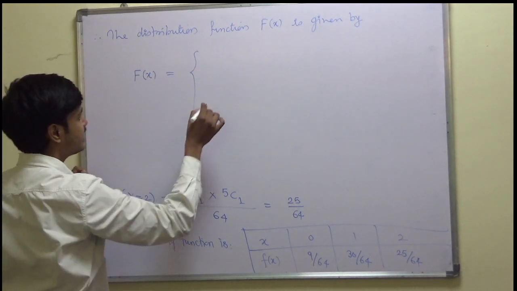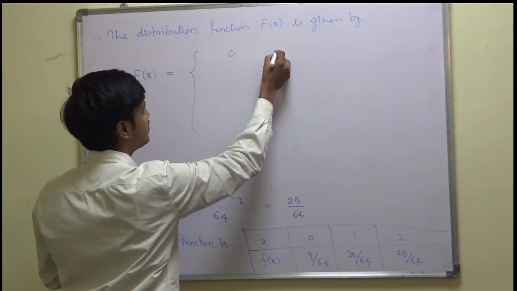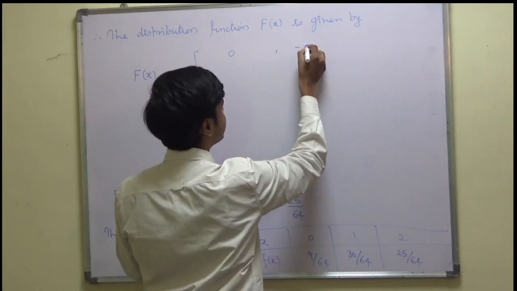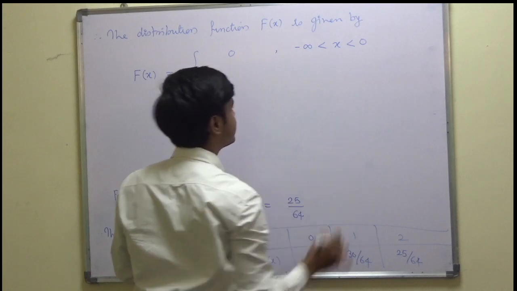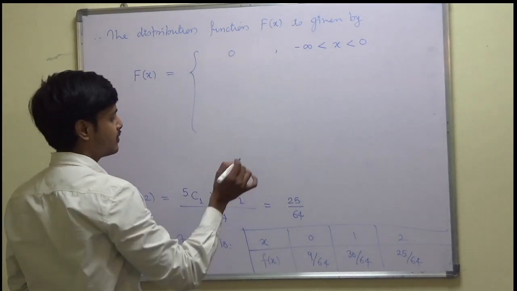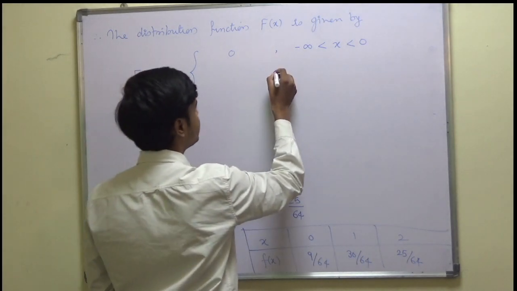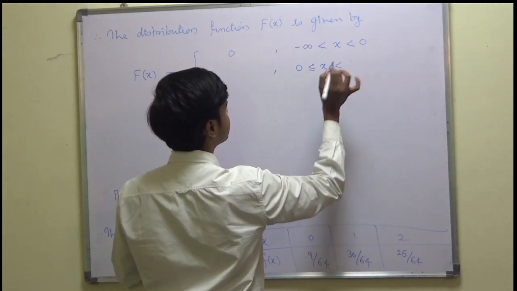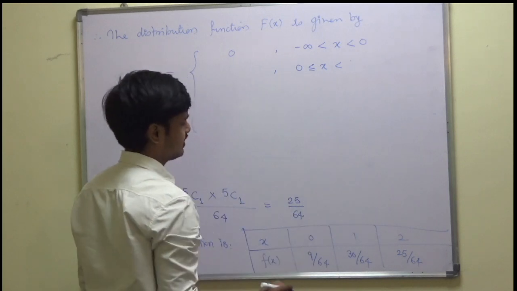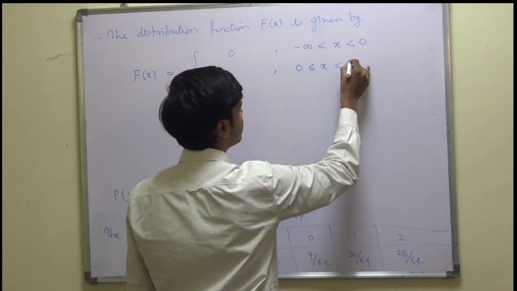So as I said, the starting value should be 0, and what is the range? Minus infinity less than x less than 0. Then 0 less than or equal to x less than 1.